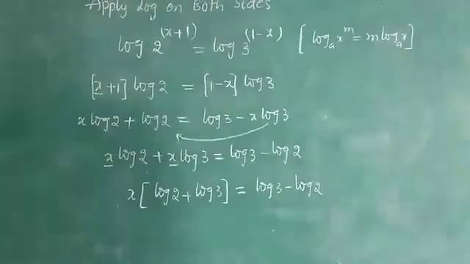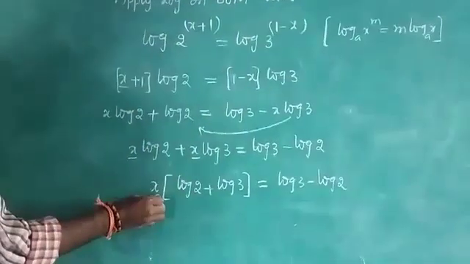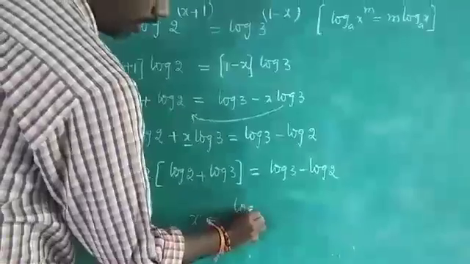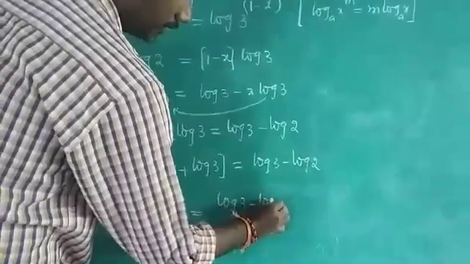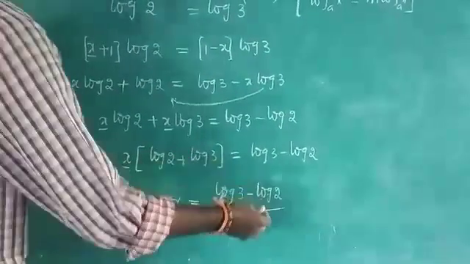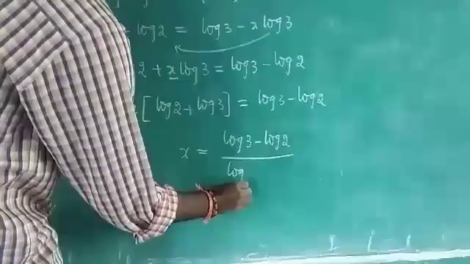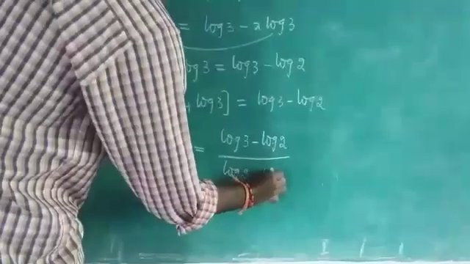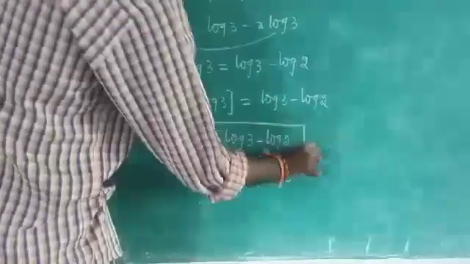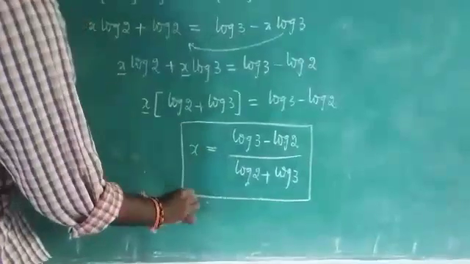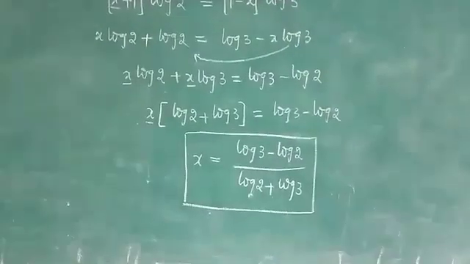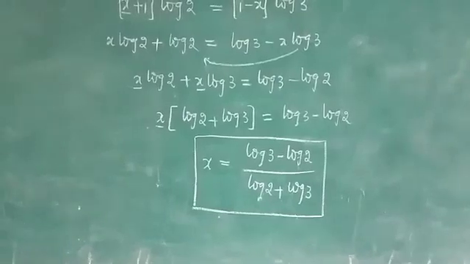Then x is equal to log 3 minus log 2 upon, this is multiplying this total bracket, so you are transposing to there. So you can write log 2 plus log 3. So this will be your answer. x is equal to log 3 minus log 2 by log 2 plus log 3.